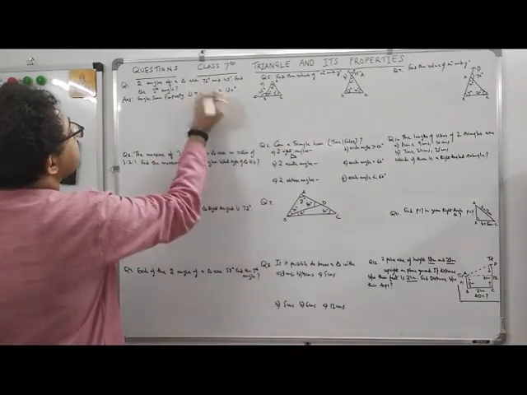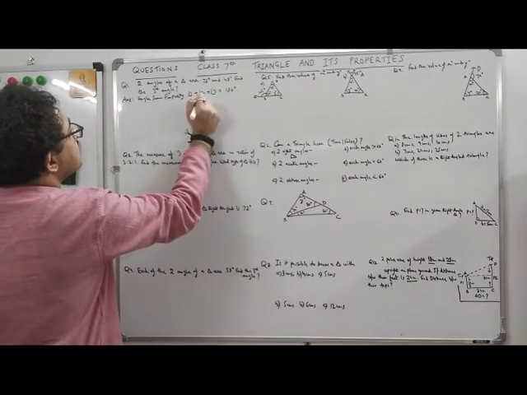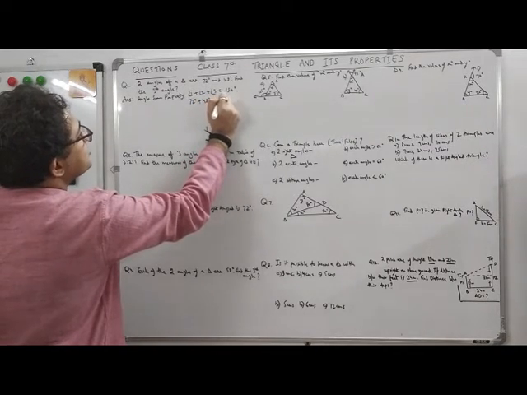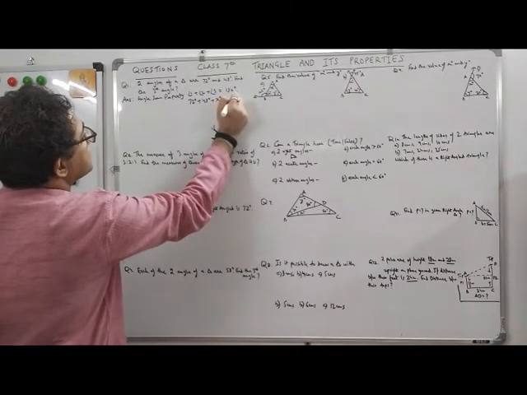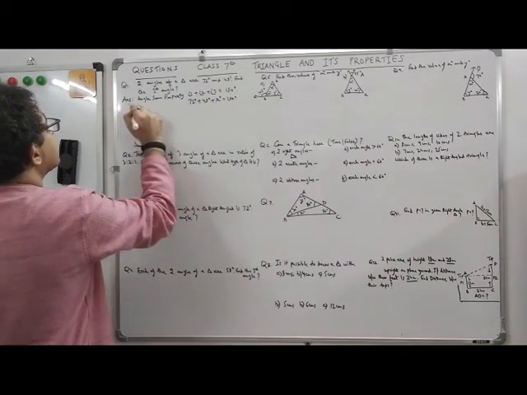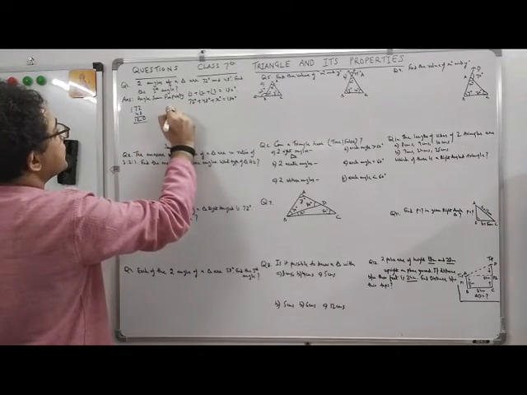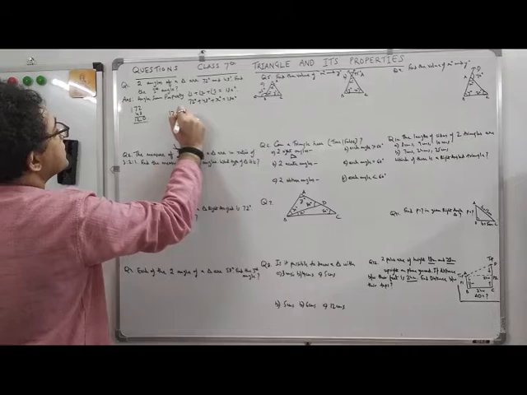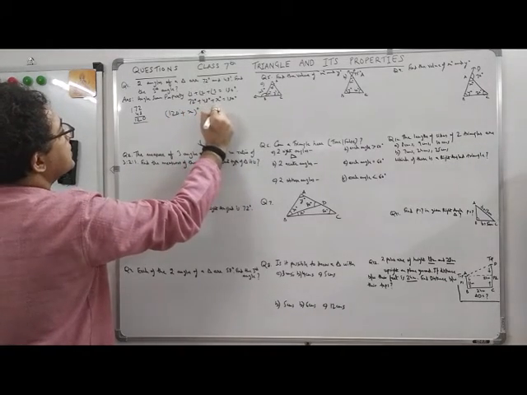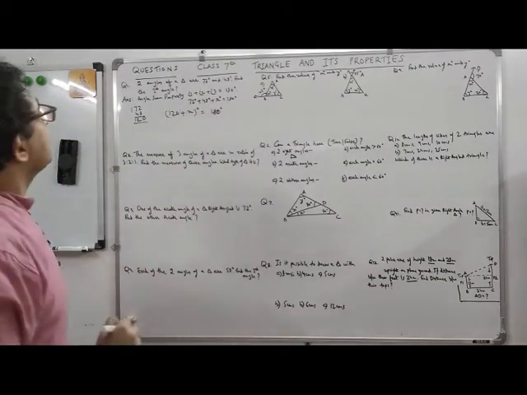Two angles are already given. Suppose this can be angle A or angle 1. So this is 72 degrees plus 48 degrees plus, let us assume this angle which you don't know as x degrees, is equal to 180 degrees. So the sum of these two is 120 degrees, right? 120 plus x degrees is equal to 180 degrees.